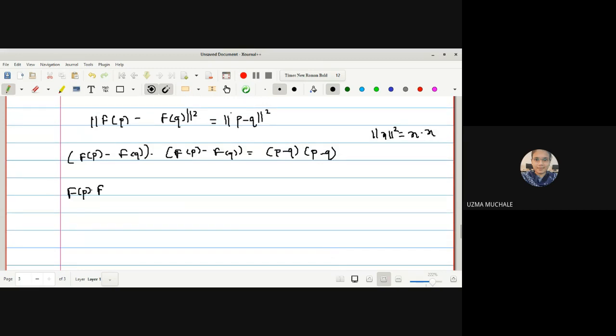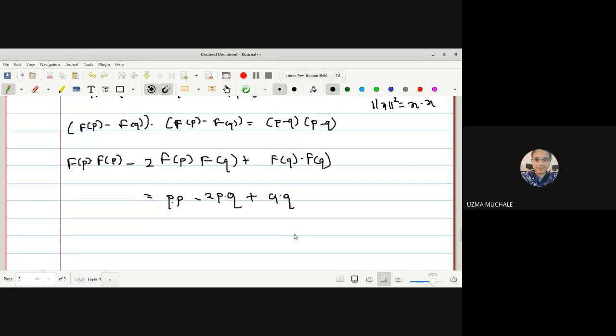F(P) dot F(P) minus 2 times F(P) dot F(Q), and the last term is simply F(Q) dot F(Q), which is equal to P dot P minus 2 times P dot Q plus Q dot Q. We are just evaluating the dot product.